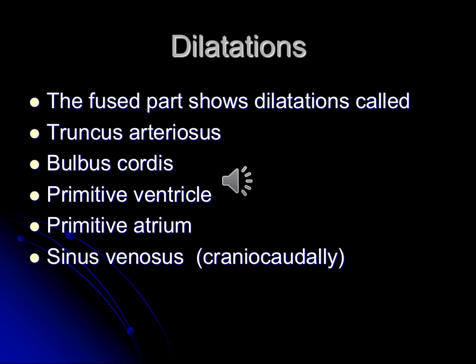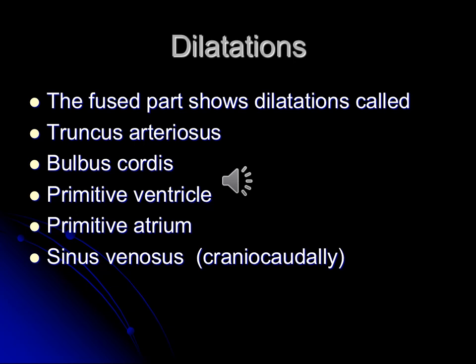Once again a single tube, it is then succeeded by a single chamber, primitive atrium, and finally the caudalmost structure in the developing heart tube is called the sinus venosus. So please remember these names.